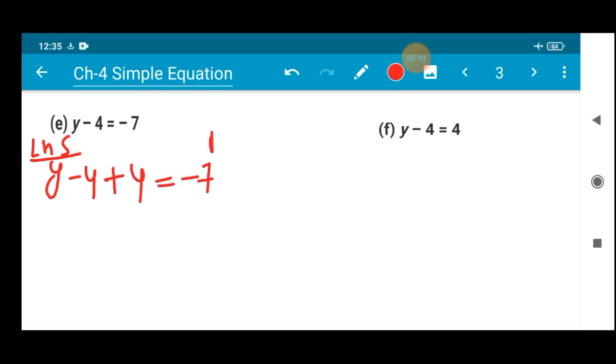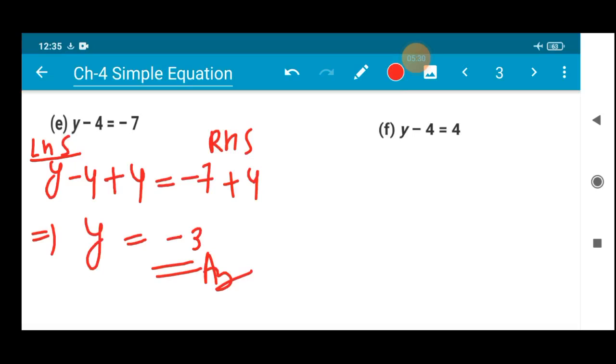Next, on the right hand side, plus 4 should be added. You all know that minus 4 plus 4 is 0, so only y is left. Now here, 7 minus 4 is 3, but the sign will be minus because 7 is a greater number and it carries the minus sign, hence the value of y is minus 3.